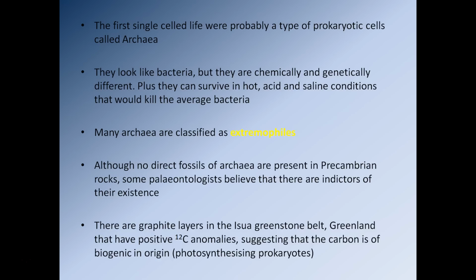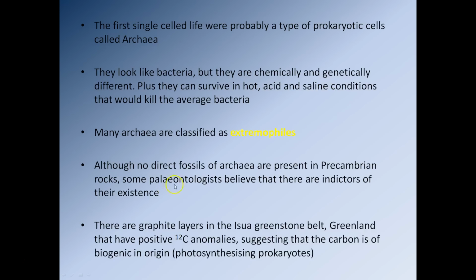They're the simplest, and they can survive the most adverse conditions. And life on the early Earth would have to be able to have survived very, very adverse conditions. So, this makes quite a lot of sense. So many archaea are classified as extremophiles. These are organisms that can survive very, very extreme conditions. So very, very hot environments, very, very acid environments, very, very saline environments.